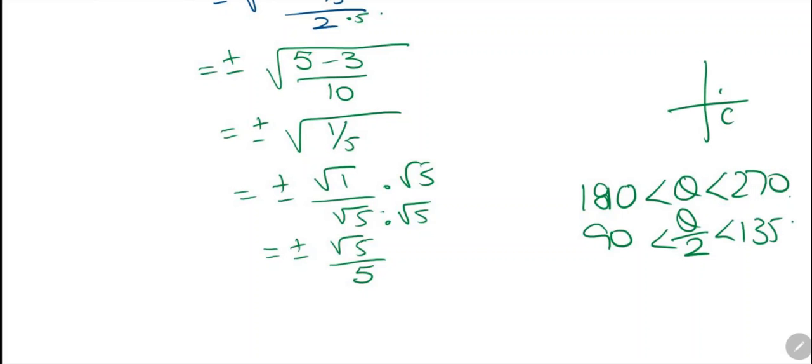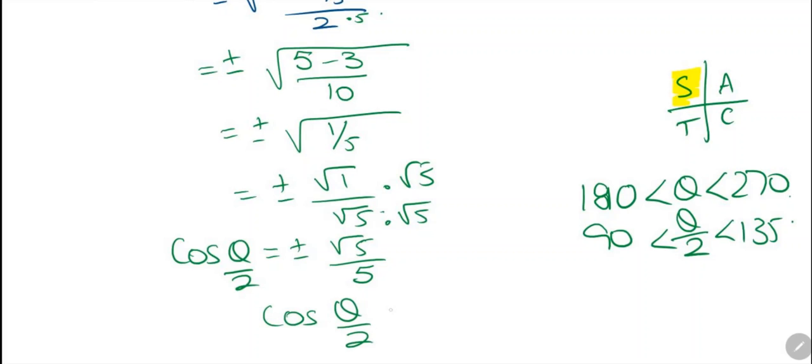And in quadrant 2, only sine is positive, and we have found cosine. So cosine of our half angle is going to be minus root 5 over 5.